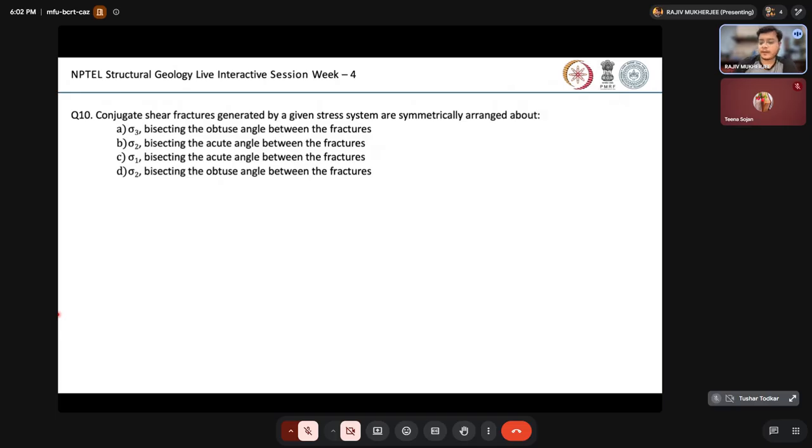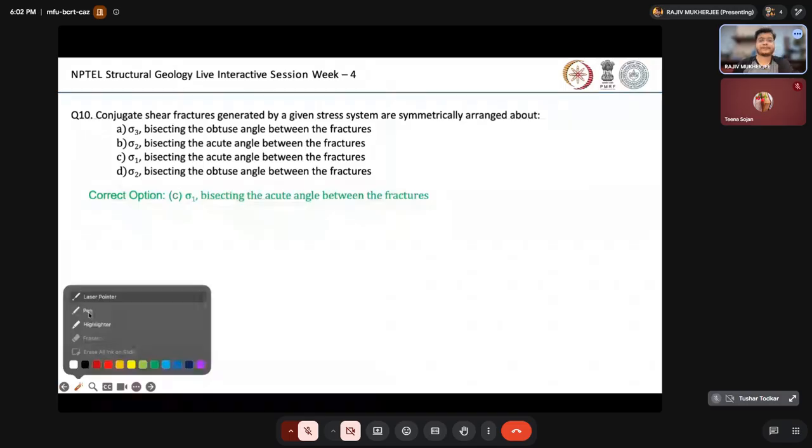Okay, so the answer is actually sigma 1 bisecting the acute angle between the fractures. So if I just try to draw roughly, it's not actually perfect.